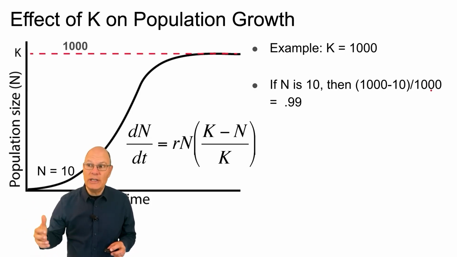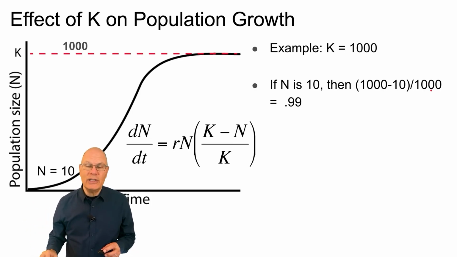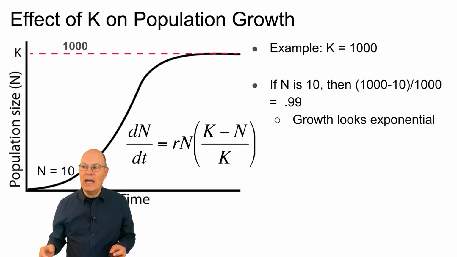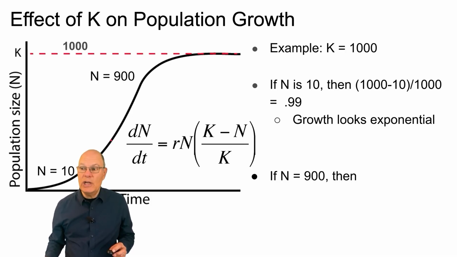That's 990 divided by 1,000, that's 0.99. Growth looks exponential because whatever our rate of growth would have been, we're multiplying it times 0.99, so we're in our exponential growth phase. But if we increase the population to 900, then look what this does to this expression, K minus N over K.